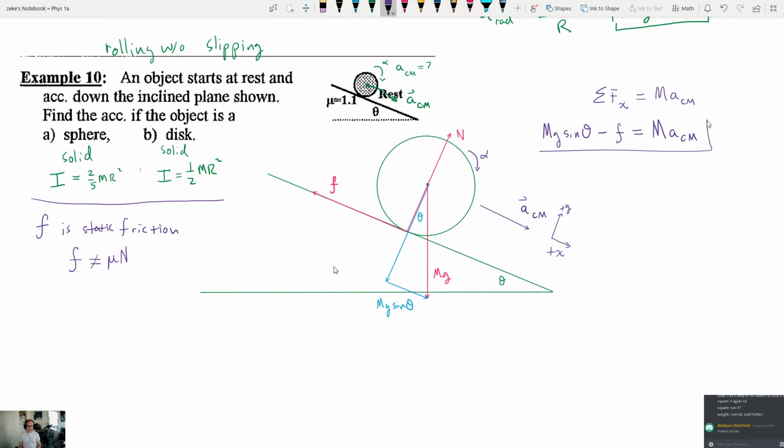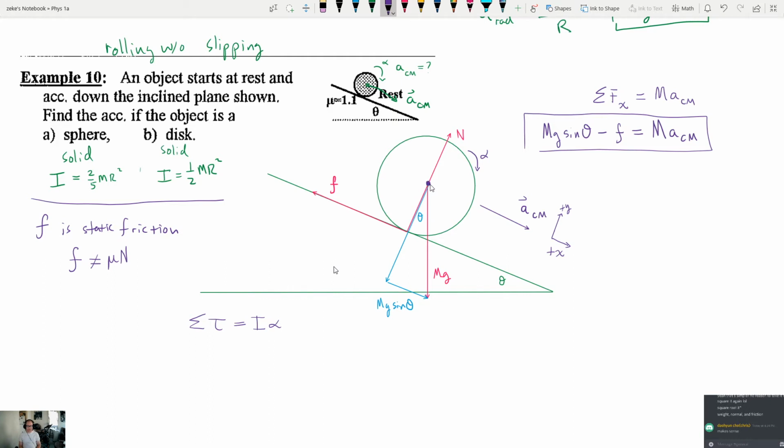So we'll stop right here with this equation, and we'll come over here and do a torque equation. The net torque acting on our object should be equal to the moment of inertia of our object multiplied by alpha. We're going to sum the torques about the center of mass of the object right here.